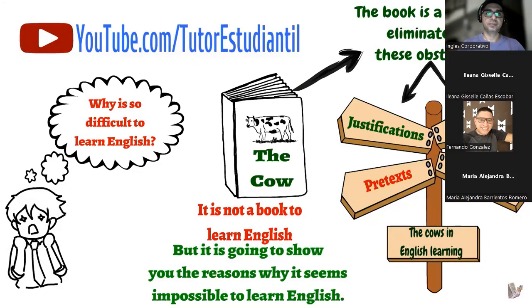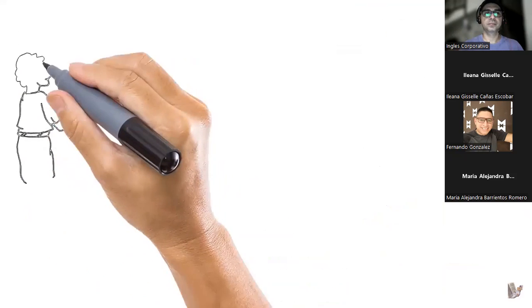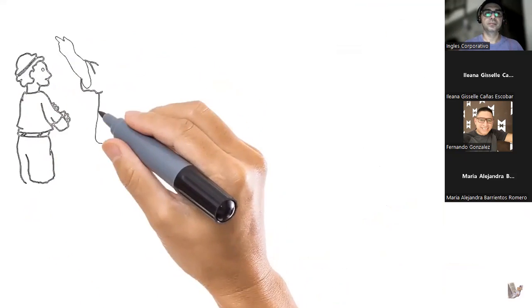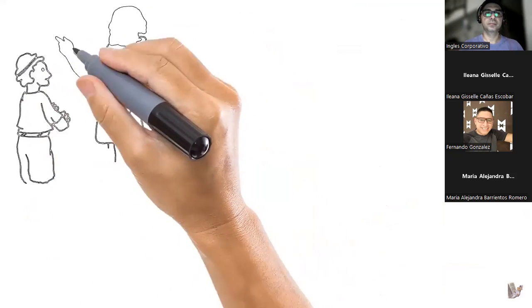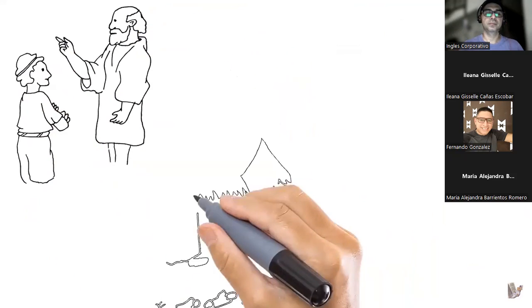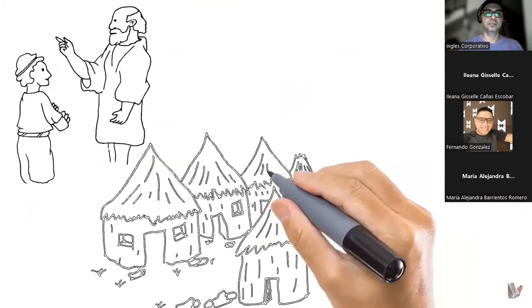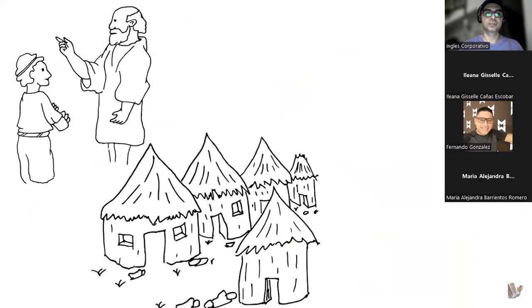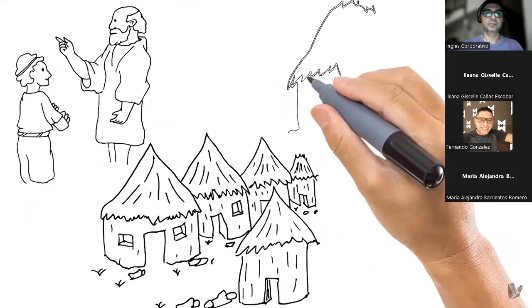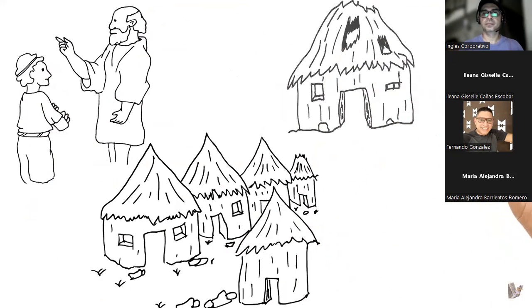So, let's start with the sad but happy story of the cow. Once upon a time, a wise teacher wanted to give the most important lesson in the life to his pupil. So, they started out a long journey and finally arrived to a town with very poor houses everywhere. The wise man said to his young student that they were going to stay in one of those houses during that night, and he chose the most poor and old house to ask for lodging.